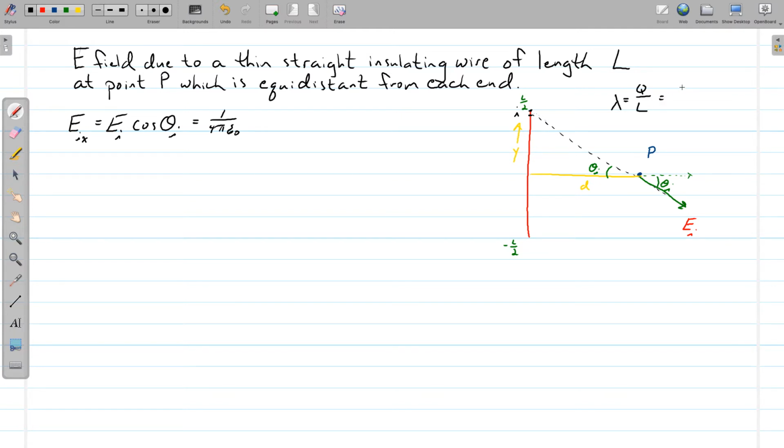Therefore, if we are considering a tiny little change in charge, we'll have a tiny little length.